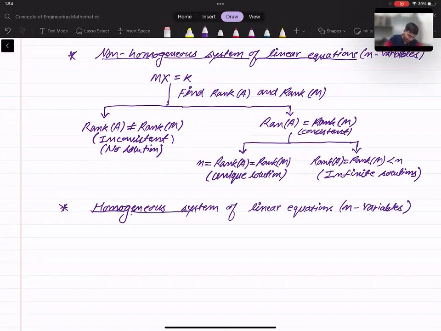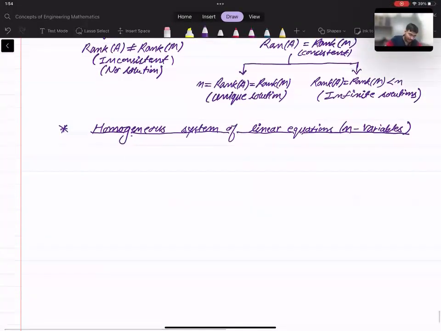So here again, the concept of rank can be used to predict the consistency. Say we have the system as Mx equal to 0. The right hand side will be a null matrix because the constant terms on the right hand side are all 0. This type of equation will always have a solution. The solutions will be either trivial or non-trivial.